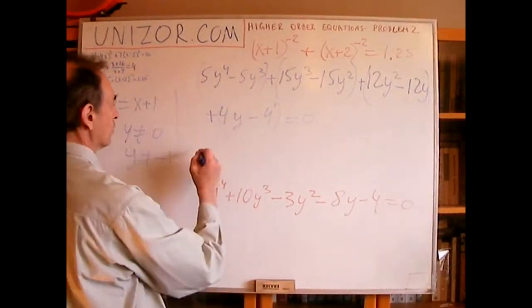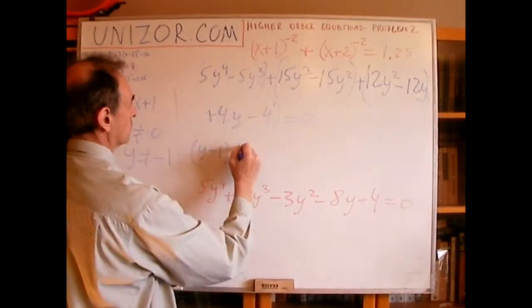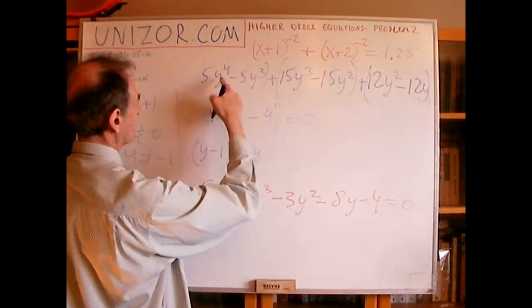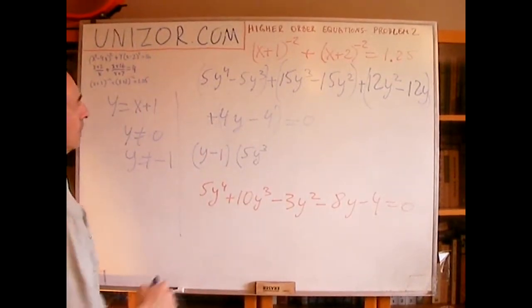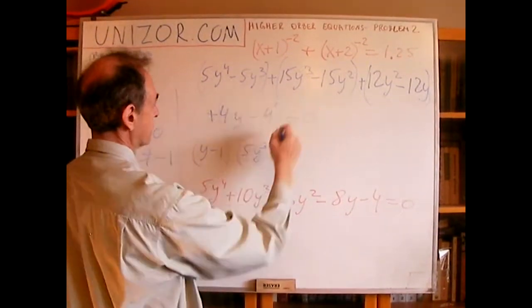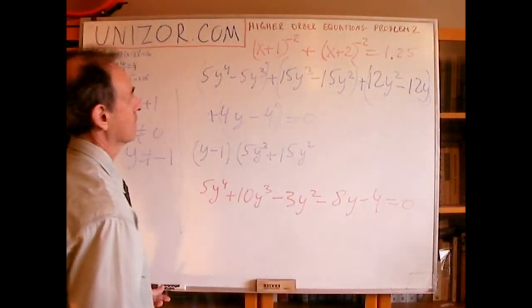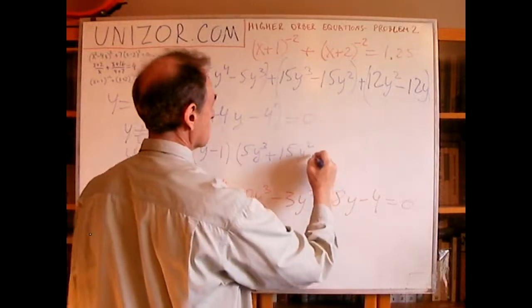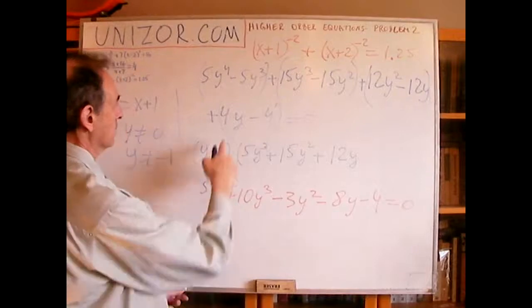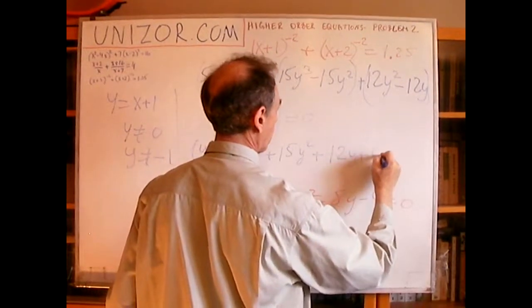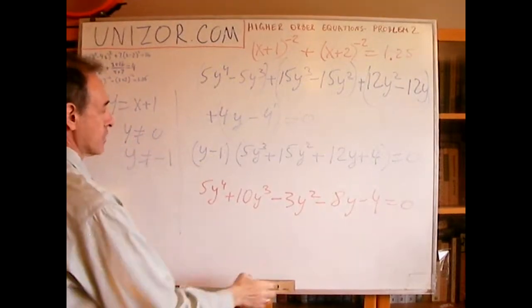So in this case, it would be y minus 1 times 5y to the third. Okay? Now, in this case, it would be plus 15y squared. In this case, it will be 12y. And in this case, it will be 4. So that's my equation.